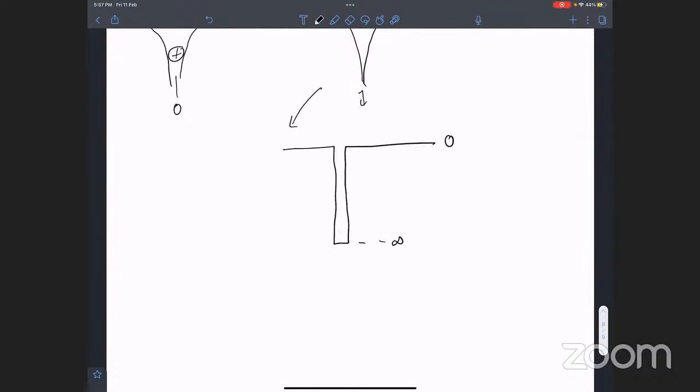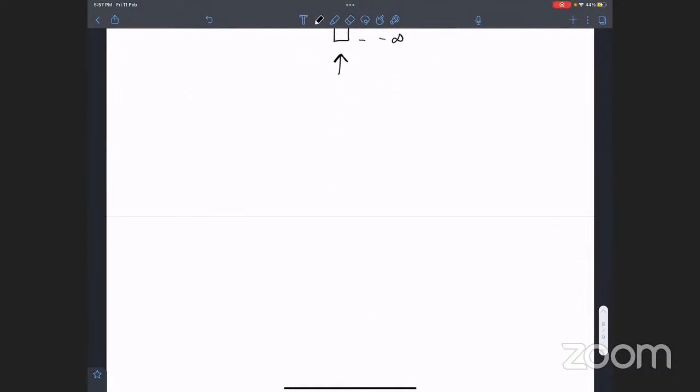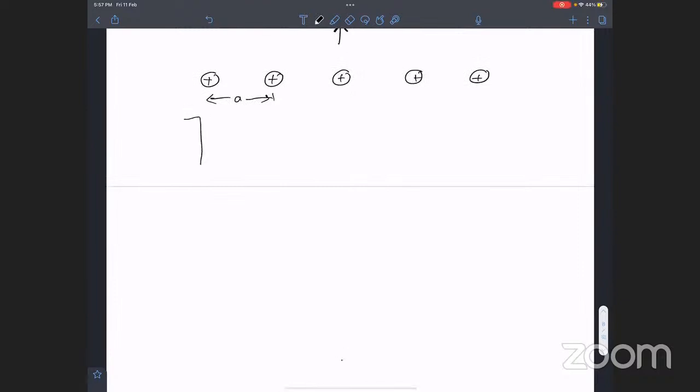And now each atom, each nucleus can be represented like this, right? Each nucleus can be represented like this. And so a crystal, how do we now represent a crystal? If I have a crystal, let's imagine a very simple one-dimensional crystal with the lattice constant A. And now the simplified potential representation of this would be something like this.